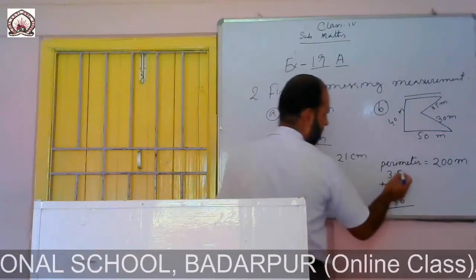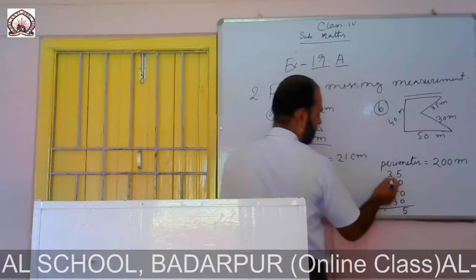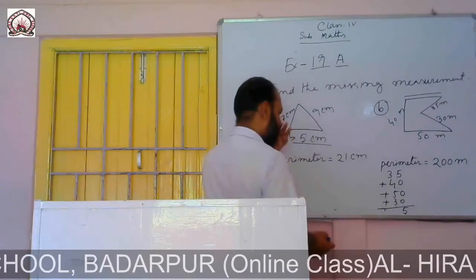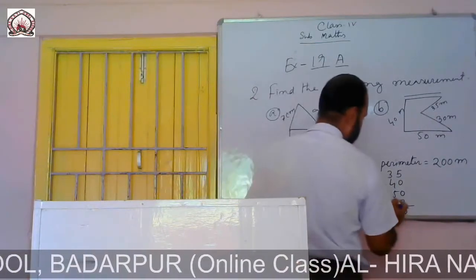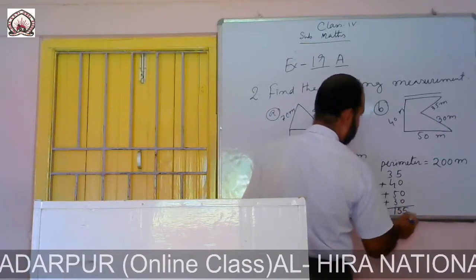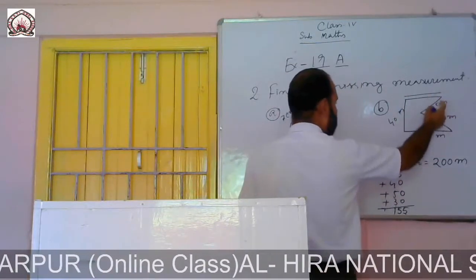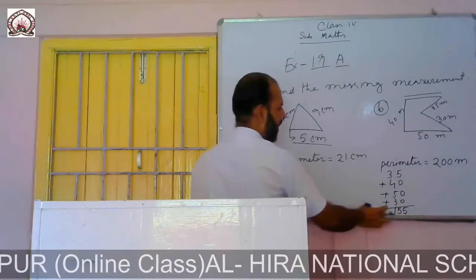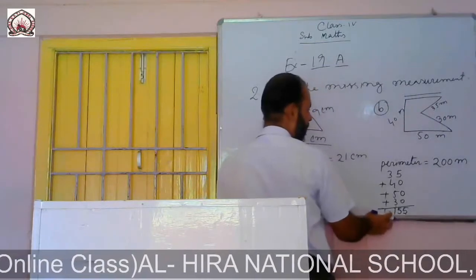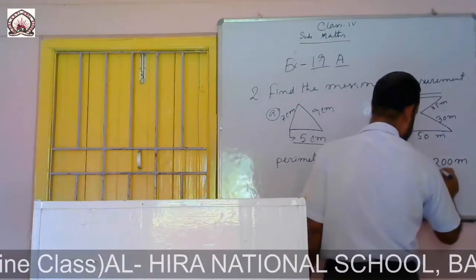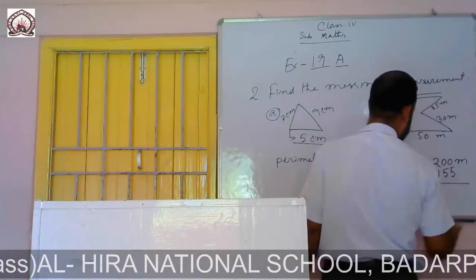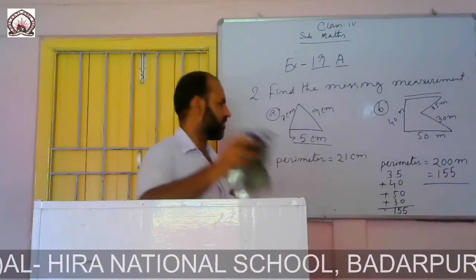Now 3 plus 4 is equal to 7, 7 plus 5 is equal to 12, 13, 14, 15. So 155. The perimeter of these four sides equal to 155 and total perimeter equal to 200. So we do 200 minus 155.